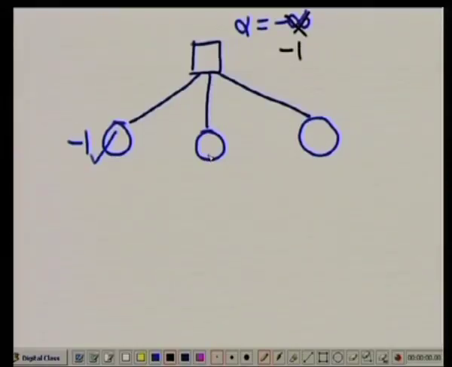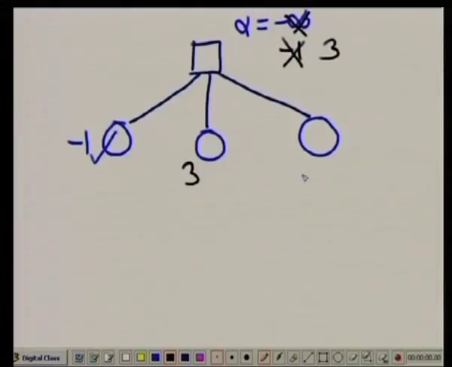Then we evaluate the value of this min node. When we find the value of this min node, if its value is, let us say, 3, then the alpha value is updated to 3.